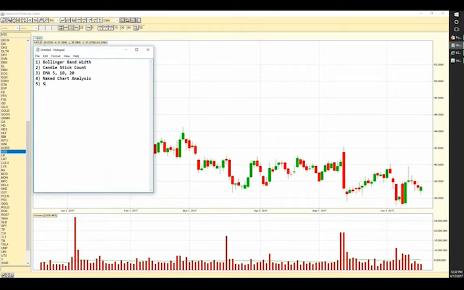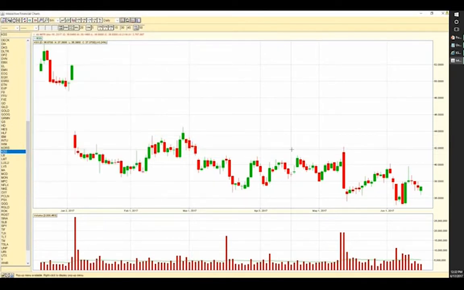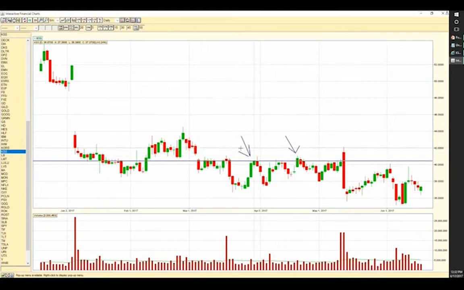Number 5, I like to take it to the next level, and I like to see if there's tested support and resistance. So again, with this chart up on us, what we like to do is make sure we've got a zone where we have tested a level of resistance a bunch of times over the last 6 months.